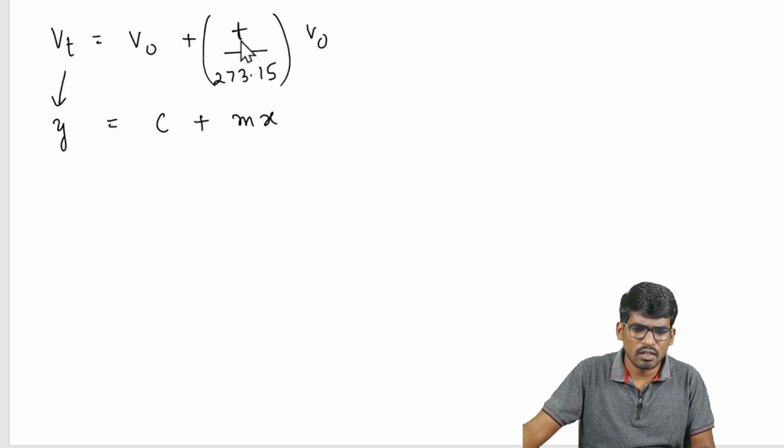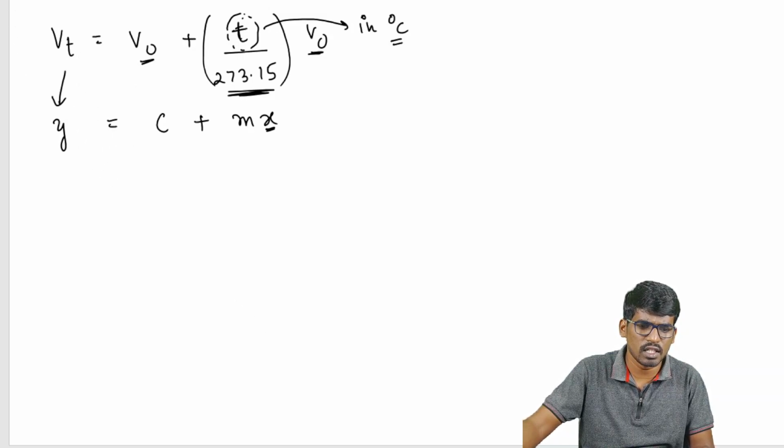Temperature T in degrees Celsius I take on the x-axis, the slope is V naught upon 273.15, whereas the intercept is the initial volume. On the y-axis, I take the volume at T degrees Celsius.